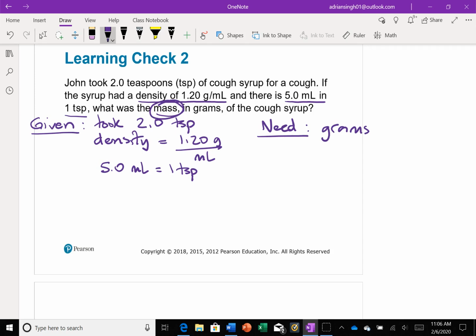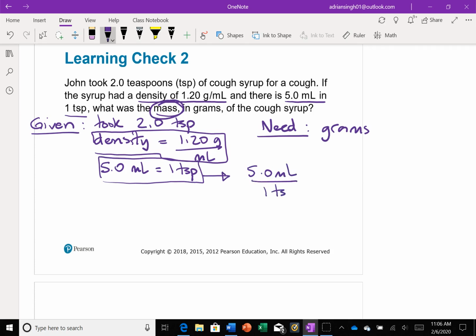All right, so we mentioned before that the density itself can be used as a conversion factor. Now we're given this relationship, which is an equality. And as we said before, we can make that into a conversion factor as well. So one conversion factor, or we can flip it, 1 teaspoon as 5.0 milliliters.